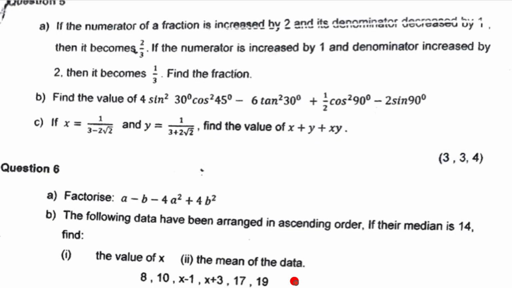Let us come to question number 5. There's a little bit of misprint here, but doesn't matter. If the numerator of a fraction is increased by 2 and the denominator is decreased by 1, then it becomes 2/3. And if the numerator is increased by 1 and the denominator increased by 2, then it becomes 1/3. Find the fraction.